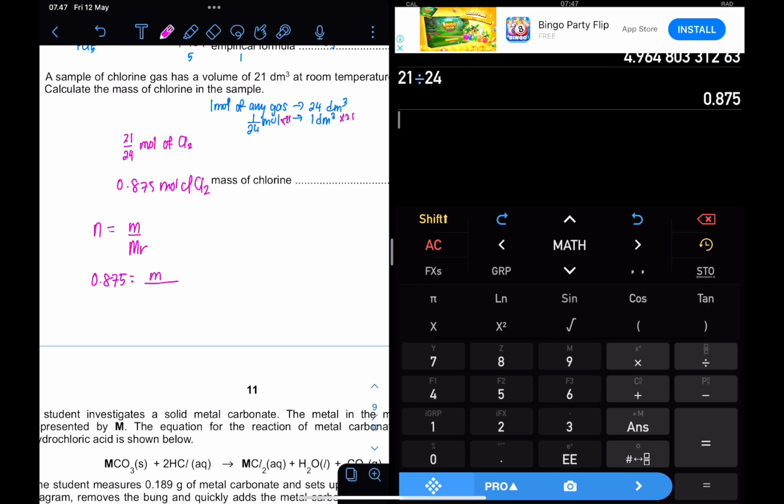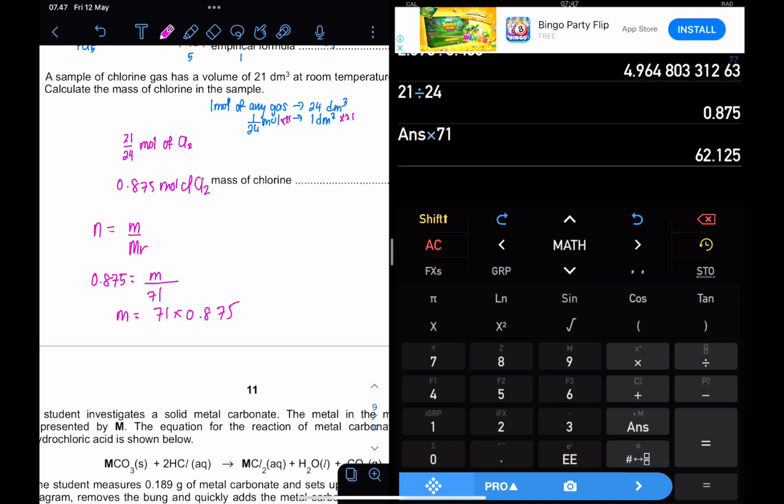So you have 0.875, the mass I want to find. Cl2, so 35.5 plus 35.5, 71. So divide by 71, the mass is going to be 71 times 0.875. So I just need to times my answer with 71, and I will get the answer as 62.125.